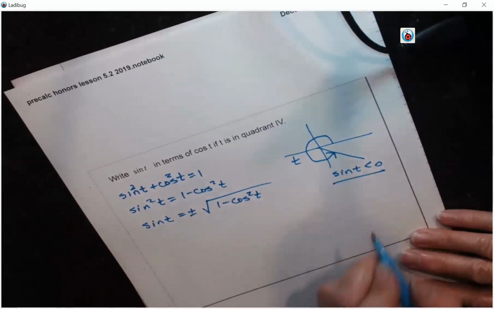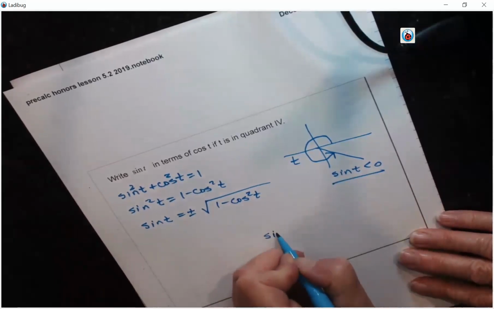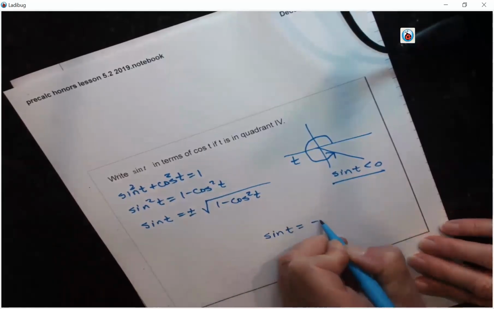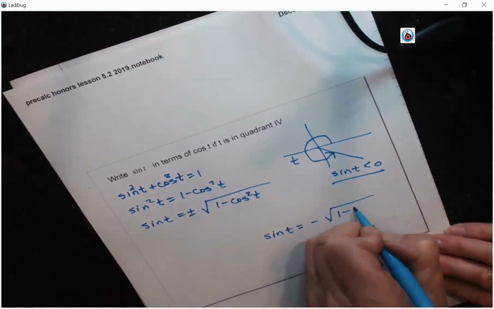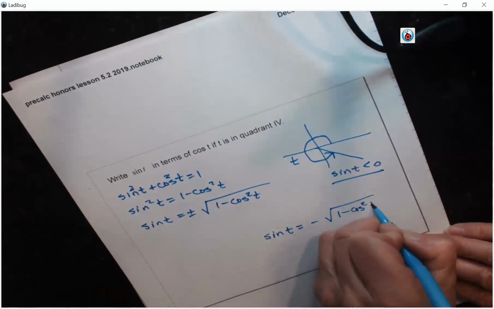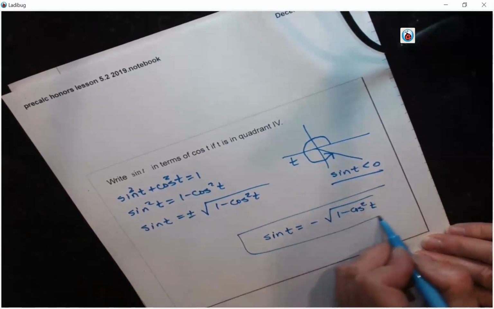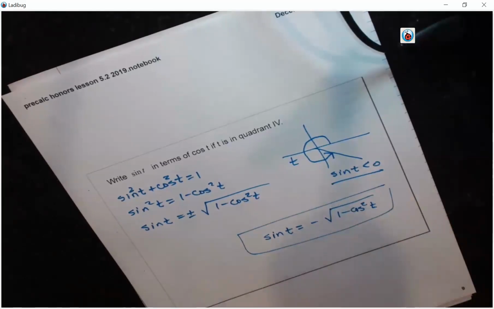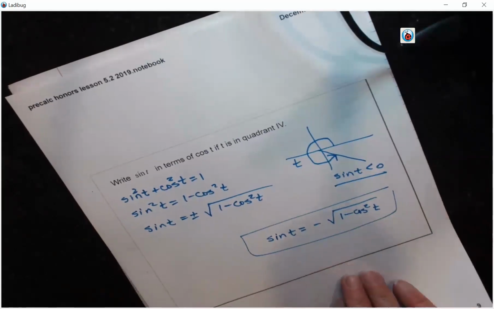And we expect it to be less than 0 in quadrant 4. So in this case, sine of t is equal to the negative square root of 1 minus cosine squared t. In other words, this is writing sine of t in terms of cosine of t. If we knew the cosine of t, we could find the sine of t easily enough.